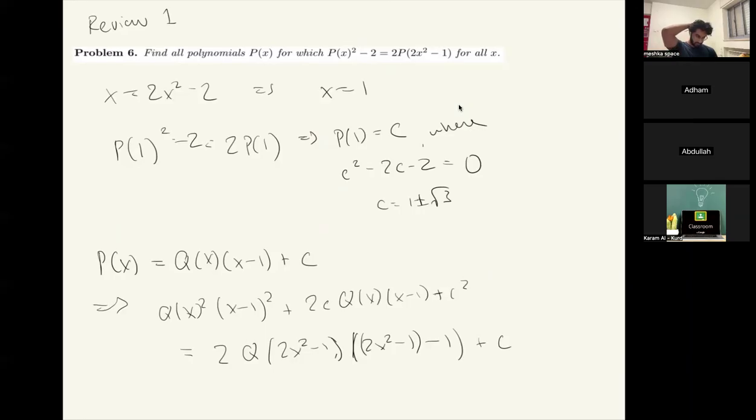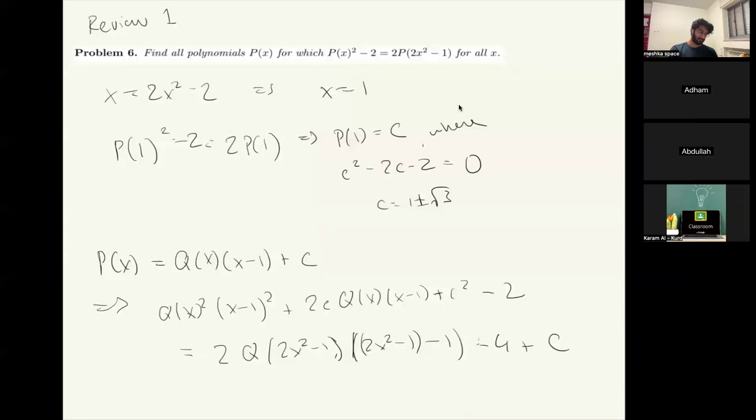Yeah, but we're just missing the minus 2 on either side. Ah, you're right. I'm missing a minus 2 somewhere, right? We can just put minus 2 here, or we can add plus 2 on the other side. Doesn't really matter. Okay, great. But I need that, otherwise I would have written something wrong.